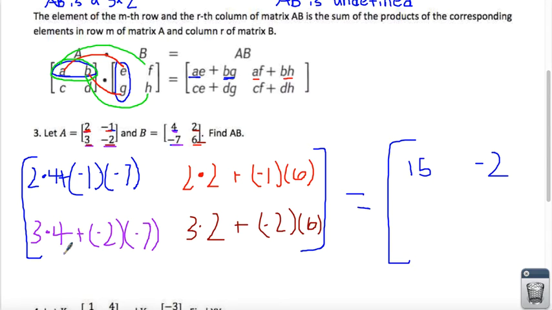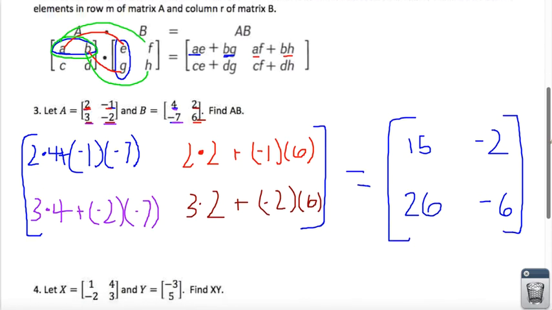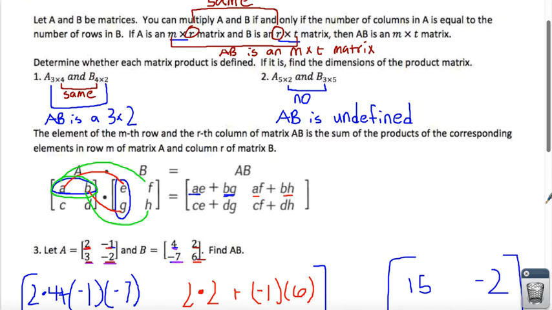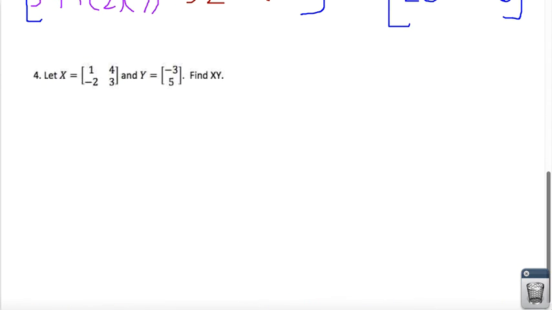Here we get 12 plus 14, so that is 26. And lastly, we get 6 minus 12, that's -6. And this would be the result of multiplying the two matrices together. Notice, since we multiplied a 2 by 2 with another 2 by 2, the result was a 2 by 2. That's always going to be true for square matrices: if you multiply two square matrices together, you'll get a third square matrix.